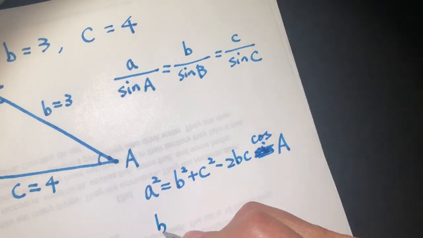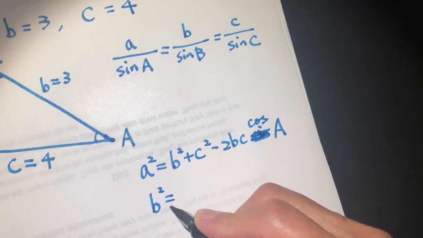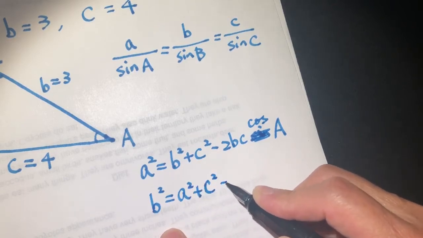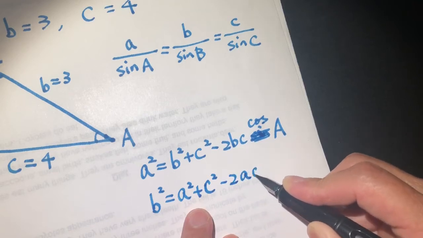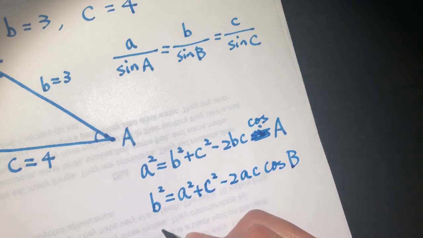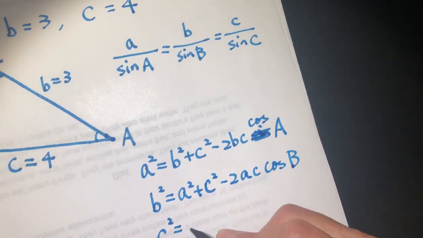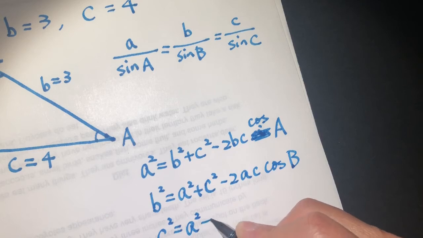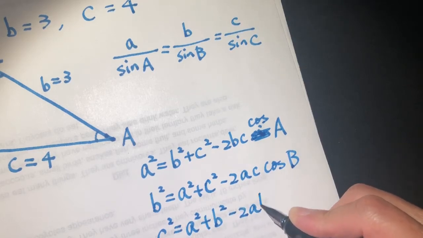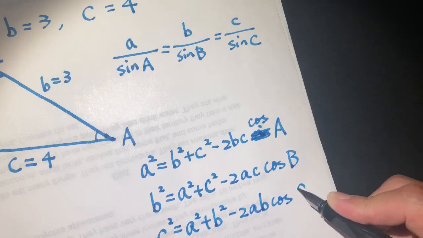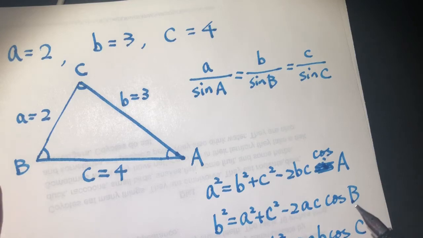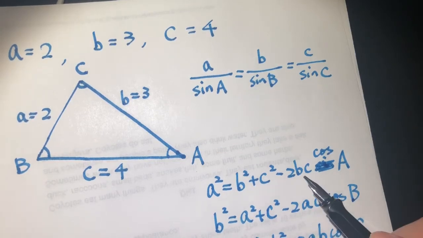So B squared equal to A squared plus C squared minus 2AC cosine B, and C squared equal to A squared plus B squared minus 2AB cosine C. Okay, so how about we solve this problem with the law of cosine?